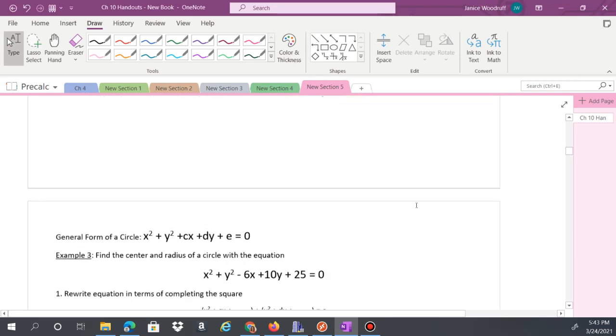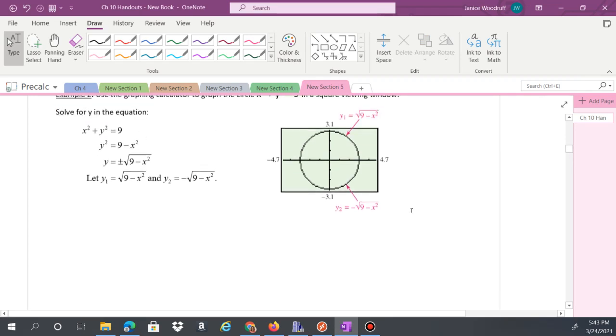And actually, let's take a look at this equation. Well, actually, you already have the equation for it. So in this one, if you just take a look at it, this actually ends up looking like x squared plus y squared equals 9 because our center is right here, 0, 0.